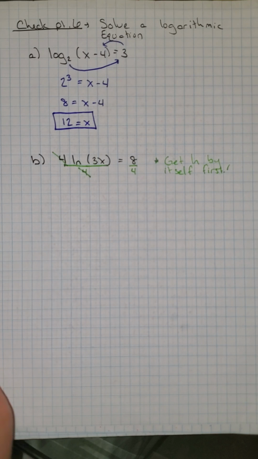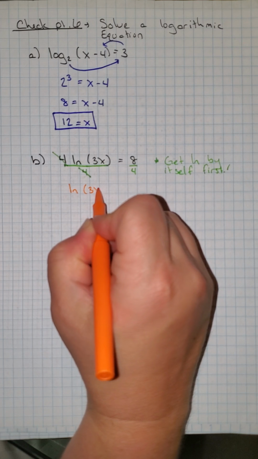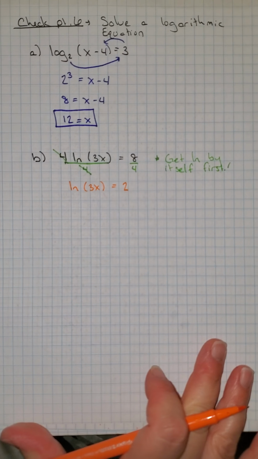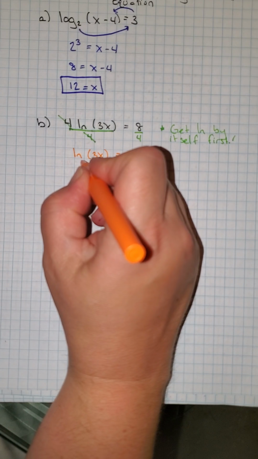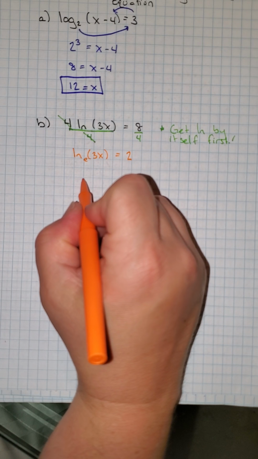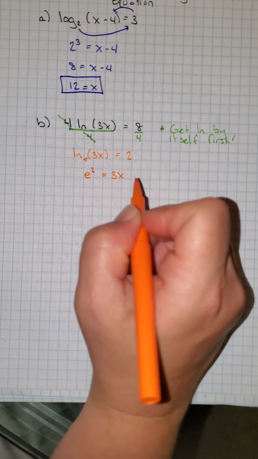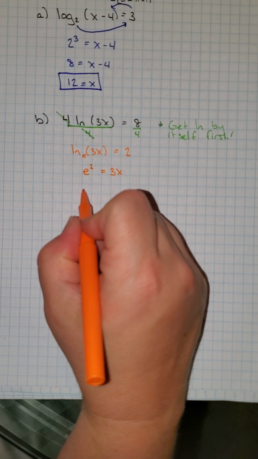So the natural log of 3x equals 2. And then we got to get it out of log form. But it is a natural log, but that's okay. Our base is just e. So e to the 2 equals 3x. And then to get the x by itself, we're going to divide both sides by 3.